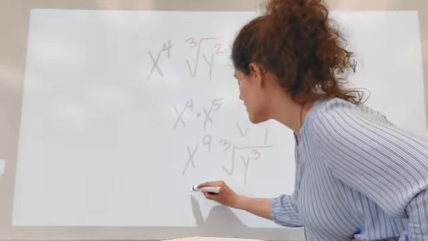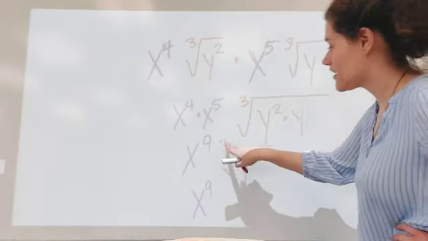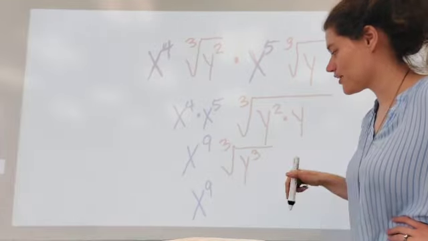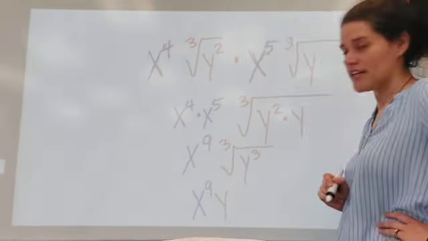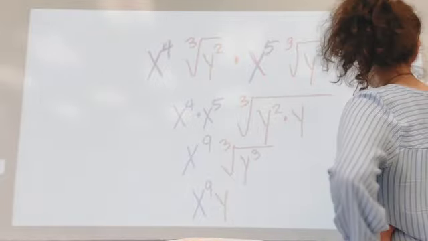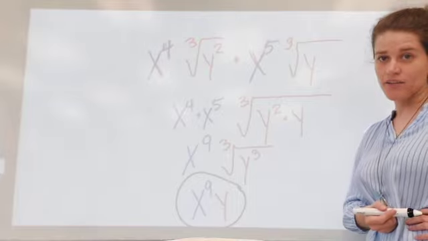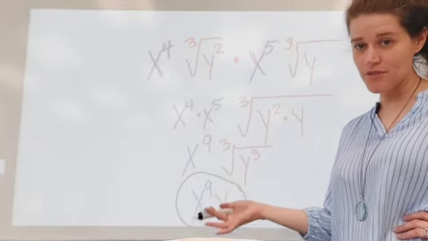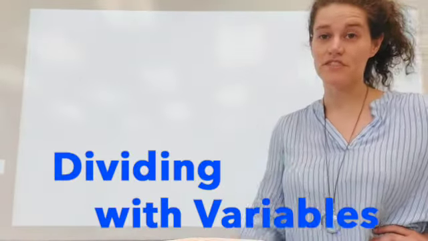So x to the 9th is still there. And then because I can do one group of 3 there, the cube root of y cubed is y. So my final answer is x to the 9th y. So that's multiplication. Let's do another example with the concept of division.